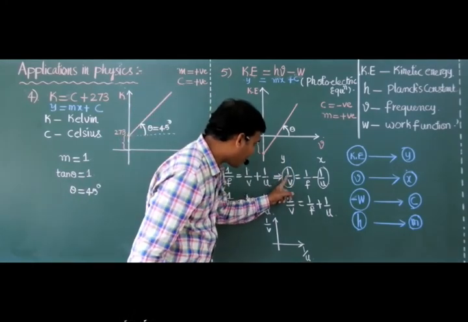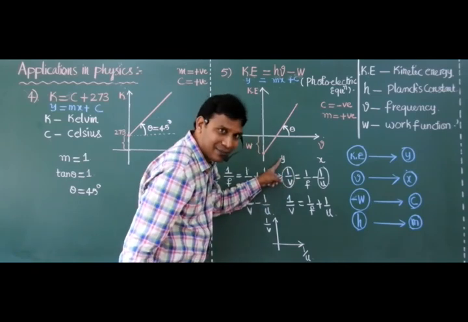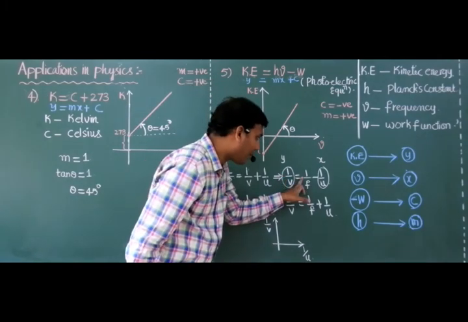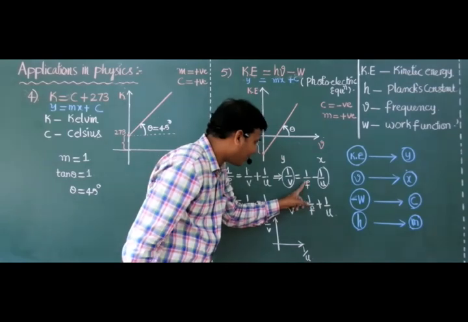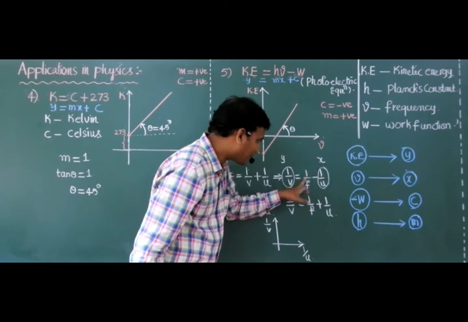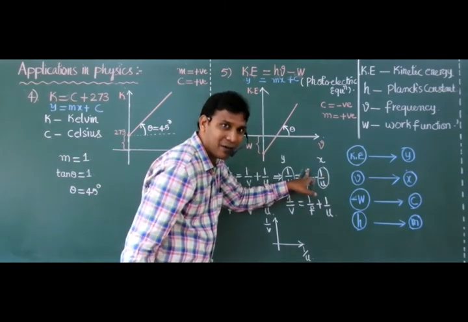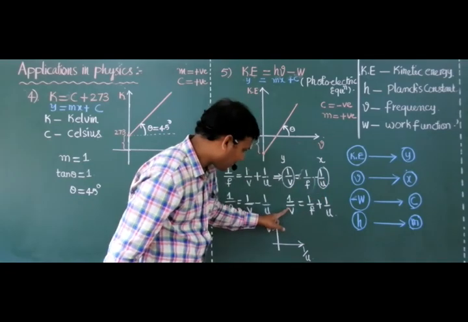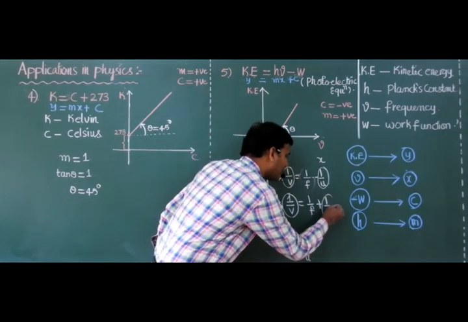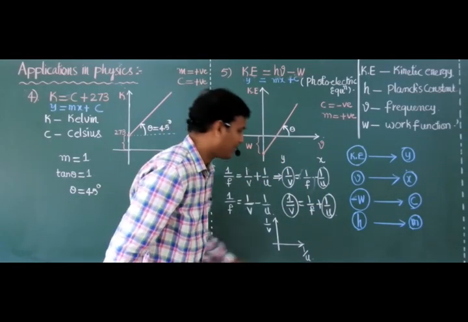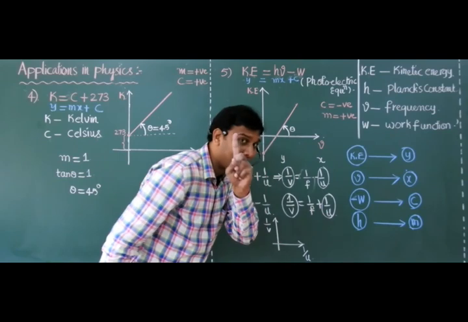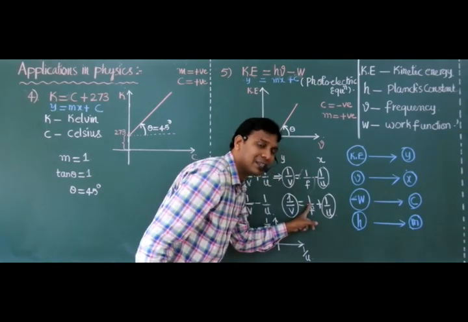So it is in the form y is equal to mx plus c. Here m is how much? 1. Intercept is how much? 1 by f. X is 1 by u. Similarly in this also, 1 by v take as y, 1 by u take as x, y equals mx plus c. Here what is the value of m? 1. Then this is the intercept.